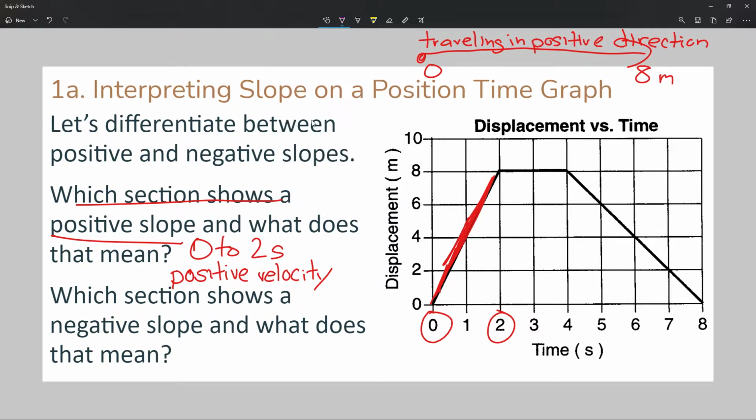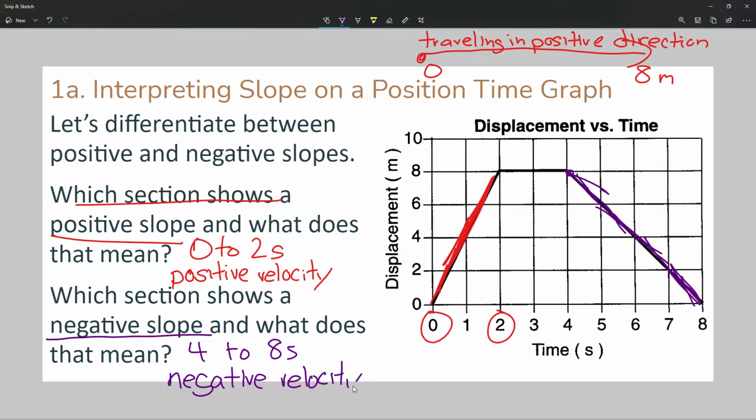On the other hand, which section shows you a negative slope? From 4 to 8 seconds shows you a negative slope. That means negative velocity, which means your object is traveling back in the negative direction.